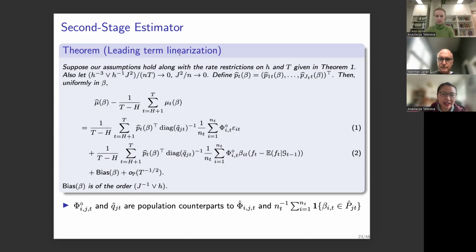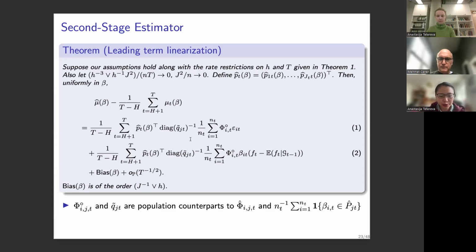So the answer is no, the theory cannot work right now with J fixed due to the bias term.